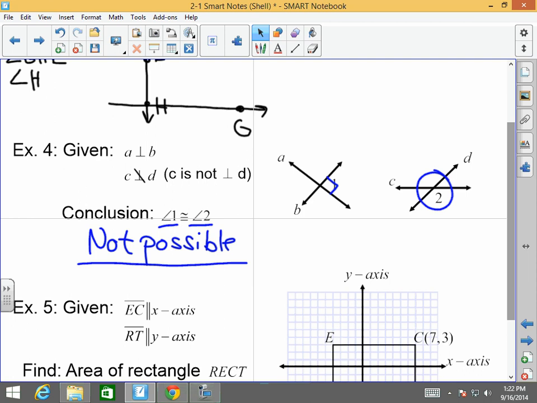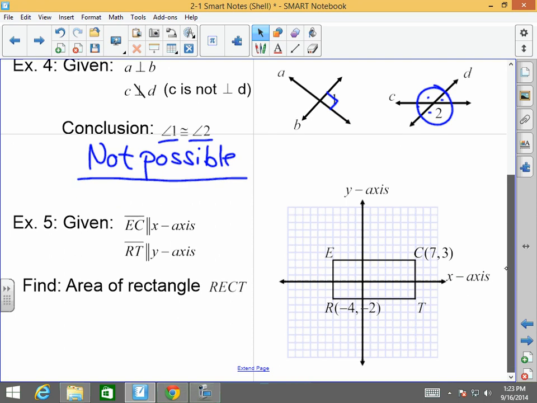How can they be possible? So if I tell you an orange is the same as a banana, no, they're not. They're different fruit. Thank you so much, my brother. Yeah, exactly. If C is not perpendicular to D, then none of these are right angles. None of them.